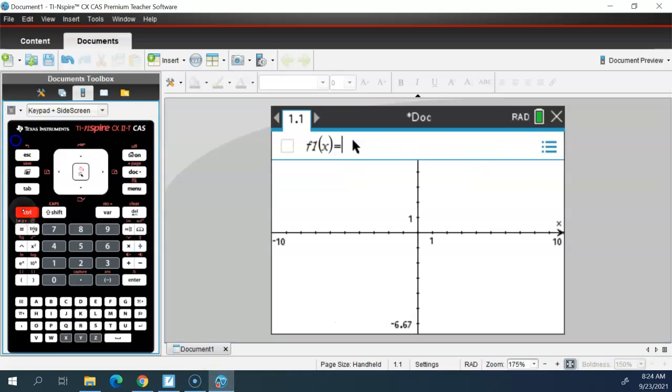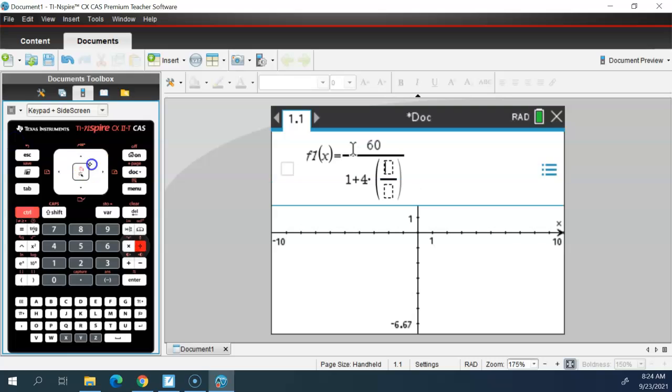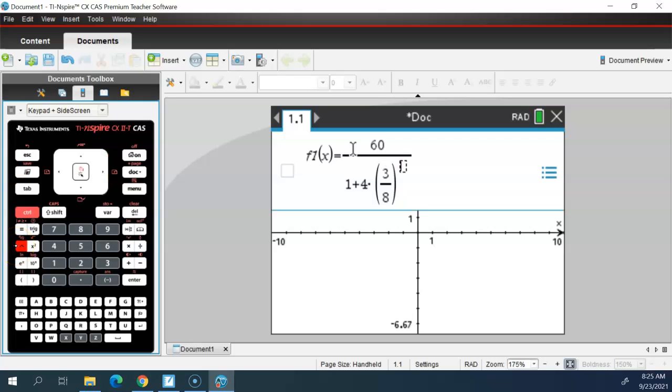So I would start with a fraction, because we have a fraction. 60 was our numerator. 1 plus 4 times, and then I would open up a set of parentheses. My fraction was 3/8, and that is being taken to the x power. Now, I can hit enter.